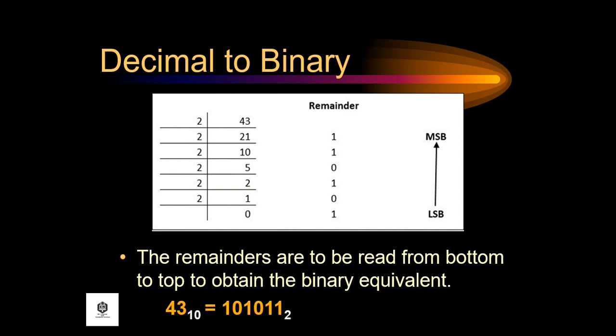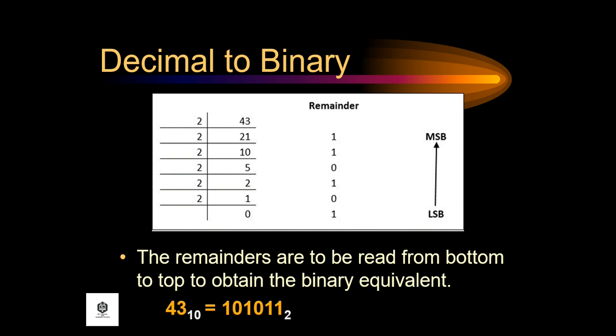In the example, the remainders are to be read from bottom to top to obtain the binary equivalent. For example, 43 divided by 2 is 21.